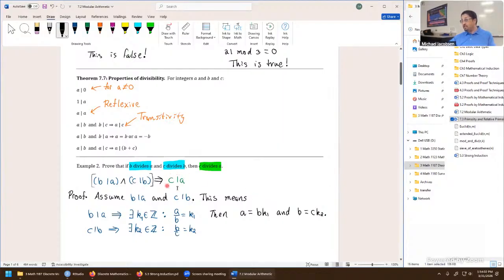And what we're trying to show is C divides A. So far, I haven't done much except write down what assuming the hypothesis here would mean on paper. It lands on this stage right here. We have two equations here. B is a factor of A, C is a factor of B. Any questions to this step so far?